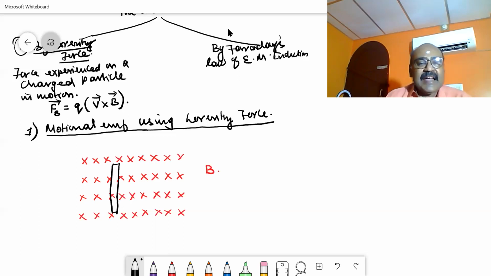Let us take the length of the conductor AB as L. So let L be the length of the conductor.